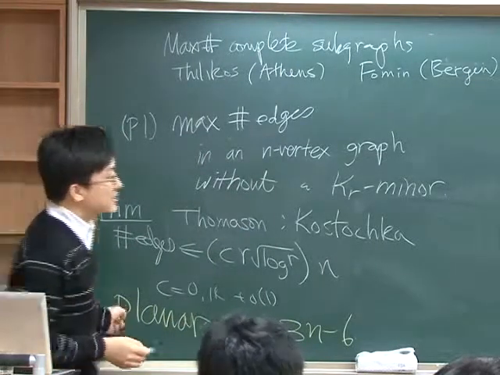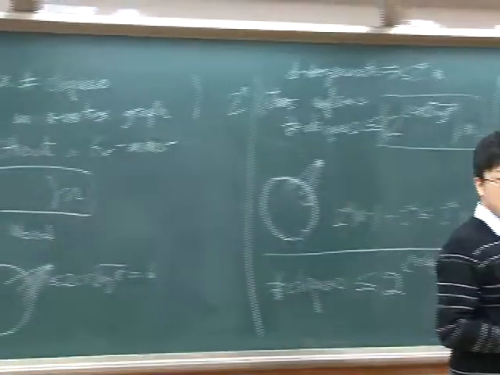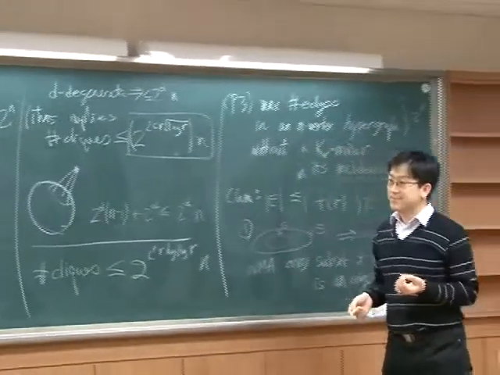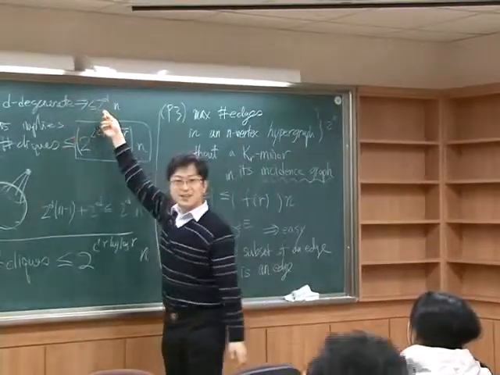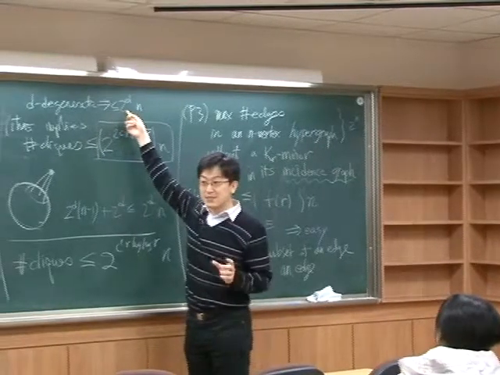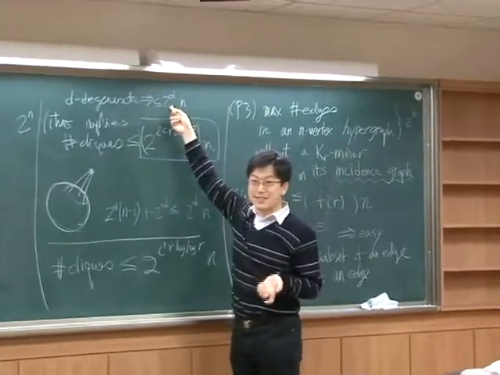And then this implies that every planar graph has a vertex of degree at most 5, so it's 5-degenerate. So it's going to be 32. So the number of cliques is going to be 32n or less.